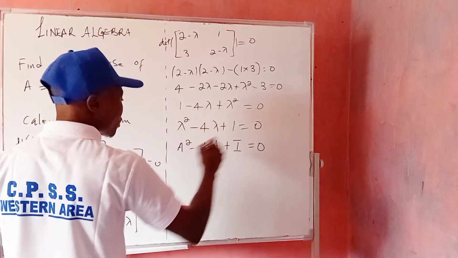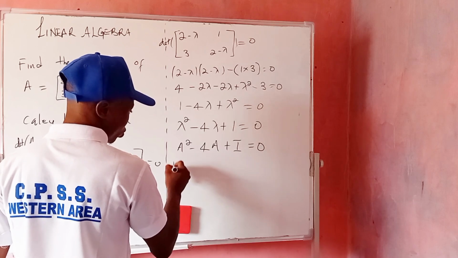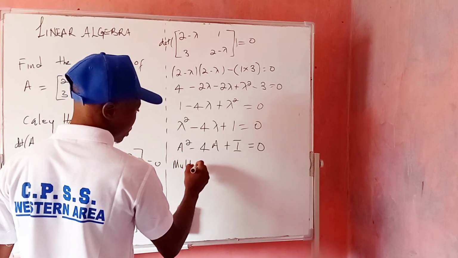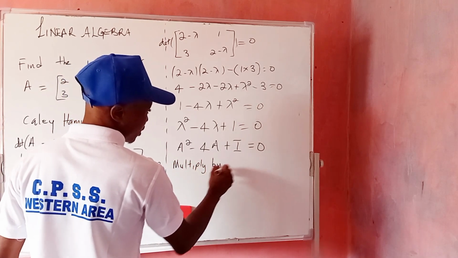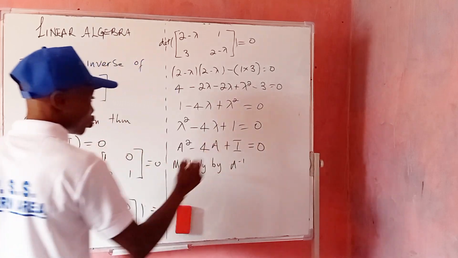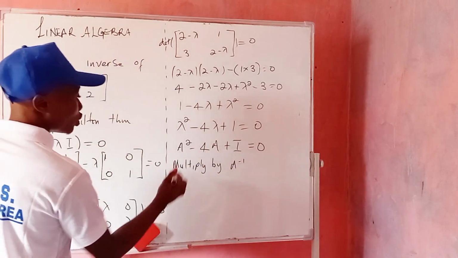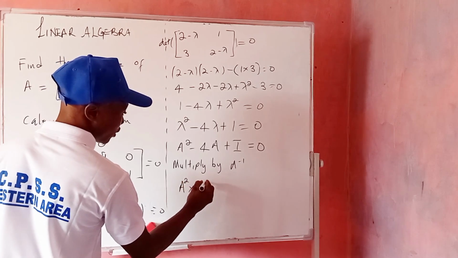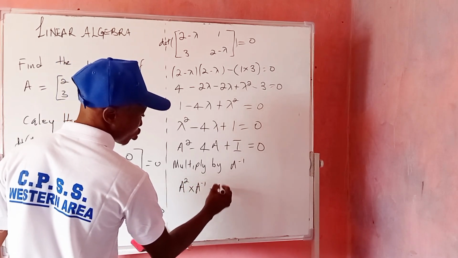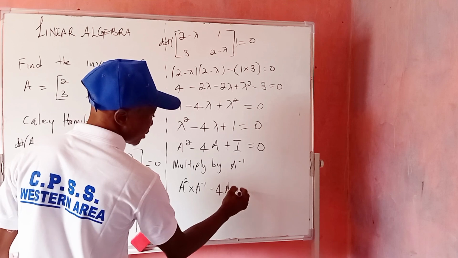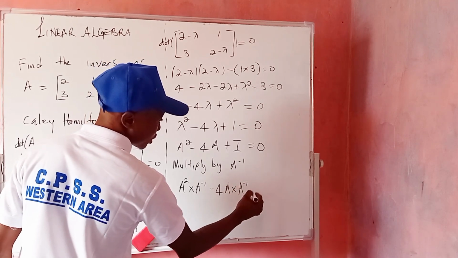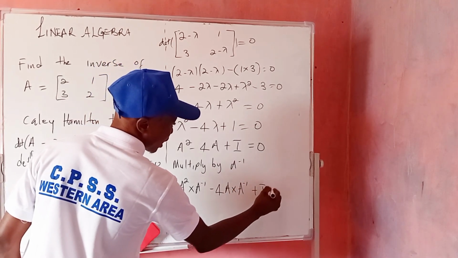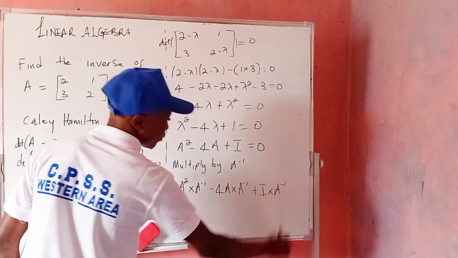We multiply by A inverse throughout. So this expression here is going to give us A to the power 2 times A inverse, minus 4A times A inverse, plus I times A inverse.